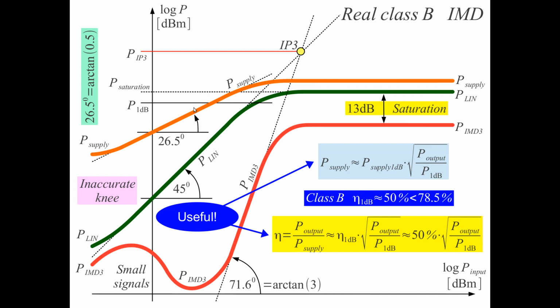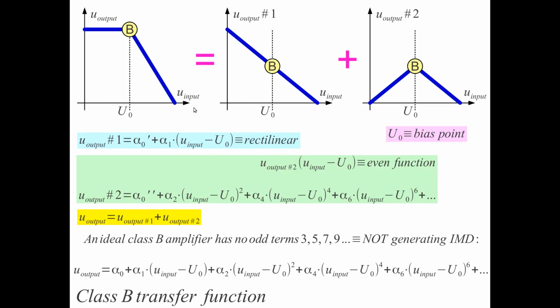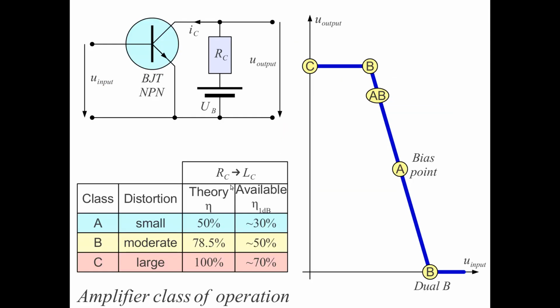So it's not actually important, this difference between class A and B in the available 1 dB compression efficiency. This is not that large. This does not justify class B amplifiers because they are more difficult to use.